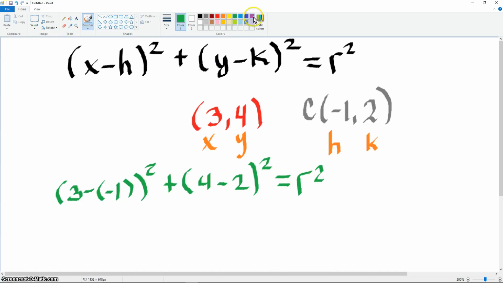All we do now is clean this up. 3 minus a -1 is a +4 squared, plus 4 minus 2 is a +2 squared, and that's equal to r squared.